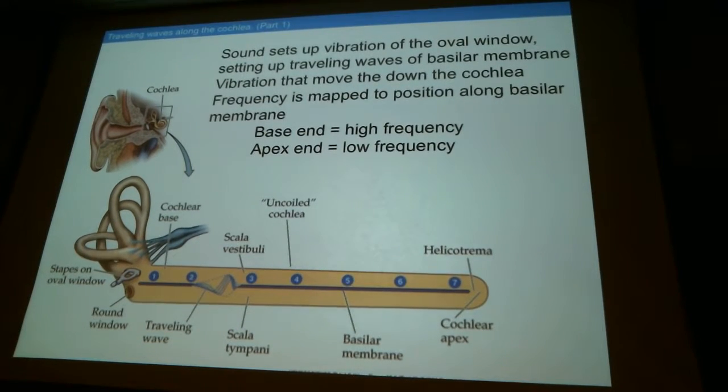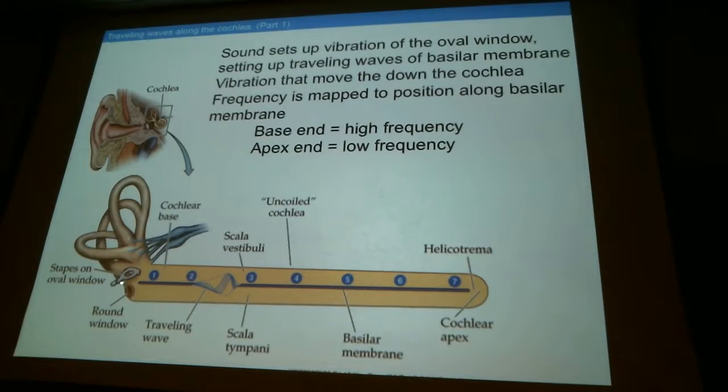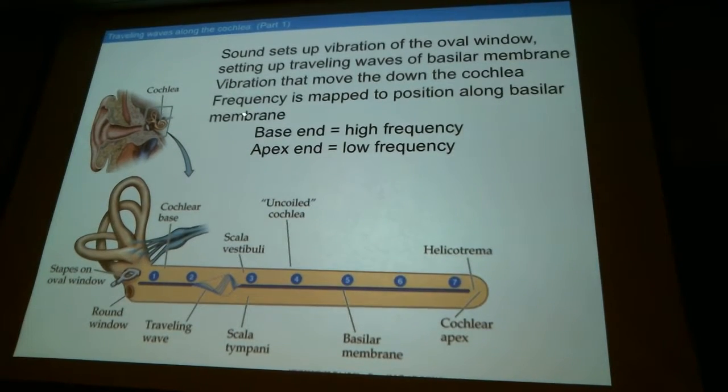So frequency. I just told you about this wonderful biomechanical system. It's set up in such a way that different positions of the basilar membrane are sensitive to different frequencies of vibration. So frequency is mapped to position along the basilar membrane. This is the base end, the cochlear base.